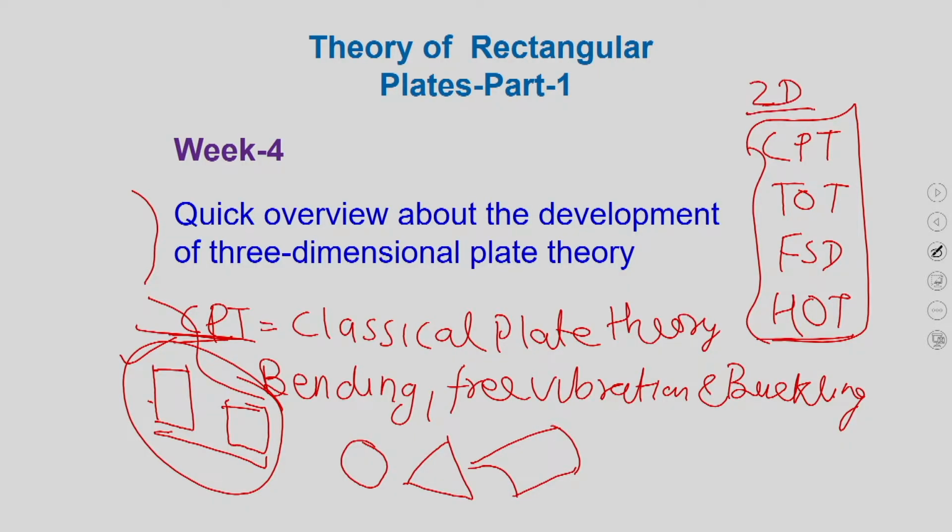In these theories, the basic thing is that using the stress resultants Nx, Ny and moment resultants Mx, My, Mxy, or some higher order moment resultants, we convert the volume integral into an area integral along x and y, and then solve those partial differential equations according to the requirement, whether we are going for a Navier or a Levy solution. Now, I am going to discuss briefly the 3-dimensional solutions.